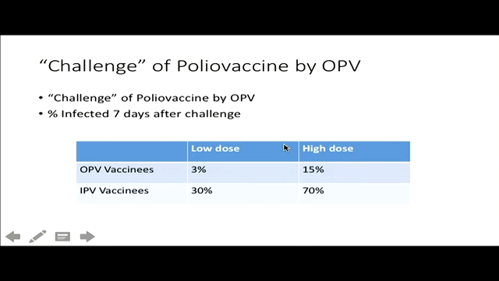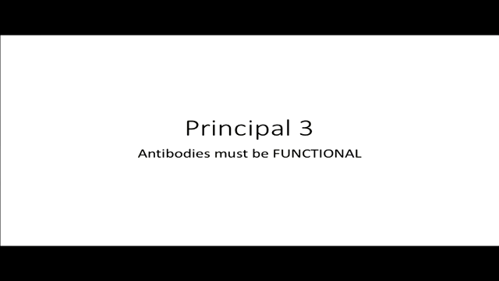And what we're looking at here is protection after low dose challenge or high dose challenge. And you can see that whether these vaccinees received the oral polio vaccine or the inactivated polio vaccine, there's a difference whether you challenge them with a low dose or a high dose. So just a very practical example that's becoming quite common in human challenge studies now.